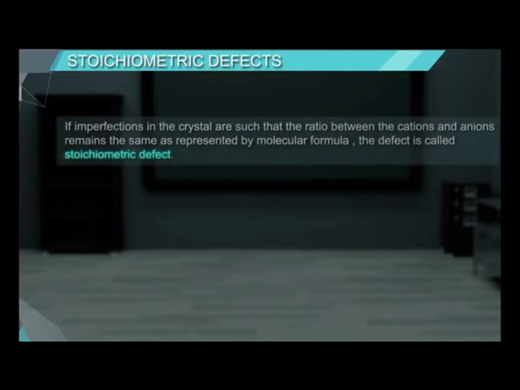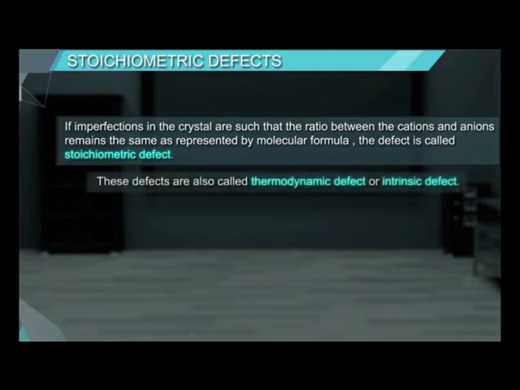Stoichiometric defects. If imperfections in a crystal are such that the ratio between the cations and anions remains the same as represented by the molecular formula, the defect is called stoichiometric defect. These defects are also called thermodynamic defect or intrinsic defect.